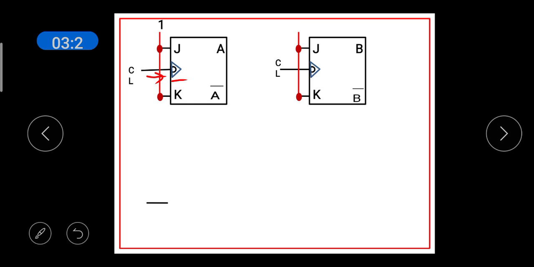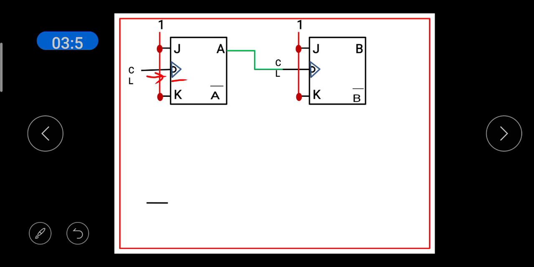J and K of the second flip-flop are also connected to VCC and remain in the one state, and this state corresponds to the toggling state of the JK flip-flop. Whenever J equals K equals 1, the flip-flop is ready to toggle. The flip-flop toggles whenever it sees the negative edge of the clock signal.